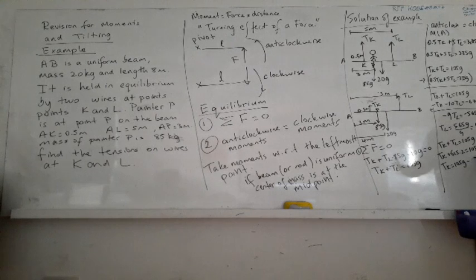Remember, G is always 9.8 in M1, so Tk is 105 times 9.8 minus 615.2, and the answer is 413.8 newtons. These are all in newtons because they are forces.